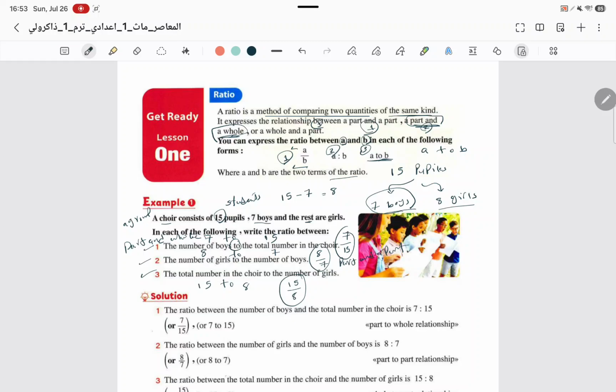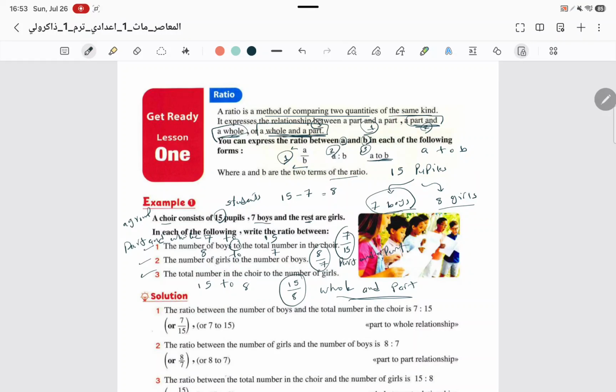The relationship between them: the first one, the total number of the choir, is the whole, and the number of the girls is a part. So a whole and a part, which is the third one in our definition.